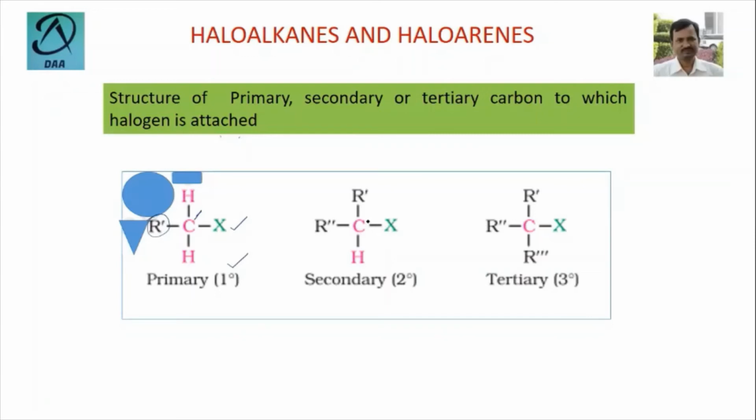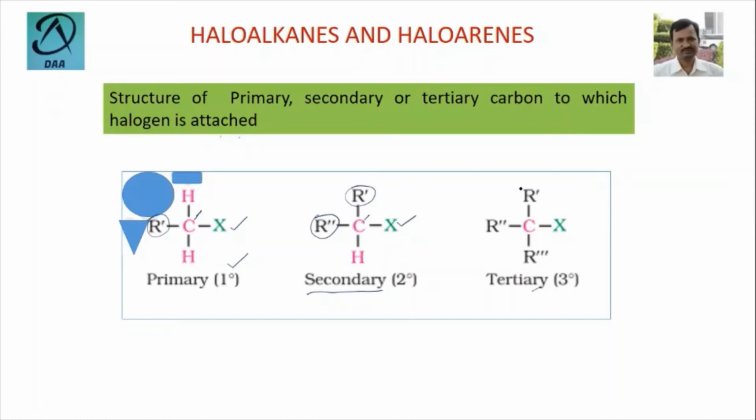If this carbon, which is attached with the halogen atom, is attached with 2 R groups, then this carbon is the secondary carbon. So it is called secondary haloalkane. In every case you see that 1 halogen atom is attached, that means monohaloalkanes.